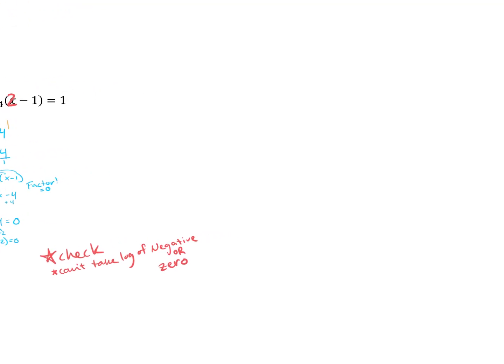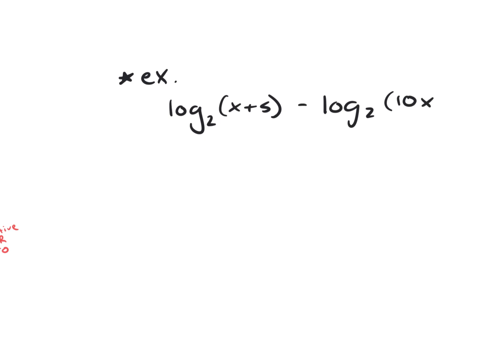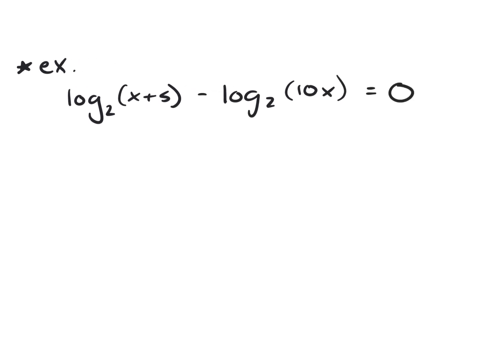All right, I want to do one more bonus one with you. Let's say I had log base 2 of x plus 5 minus log base 2 of 10x equals 0. What could we do here?